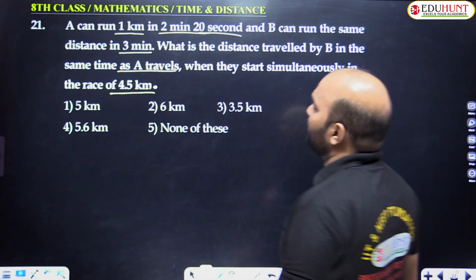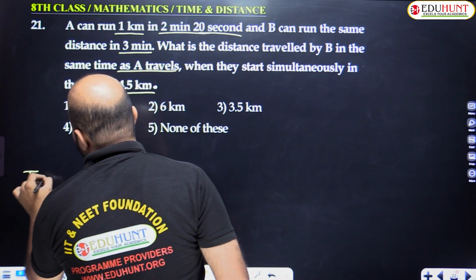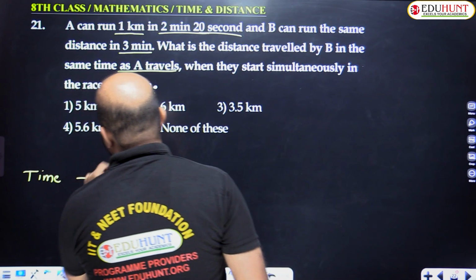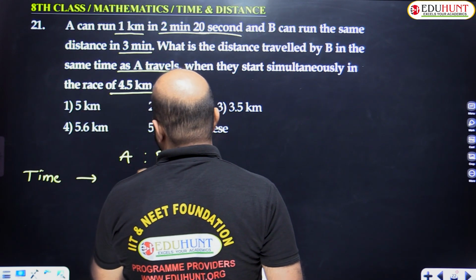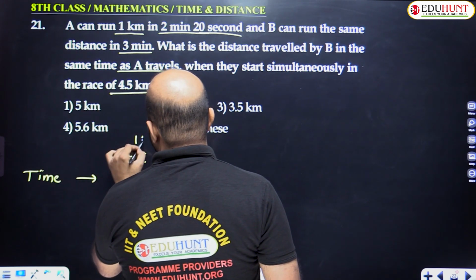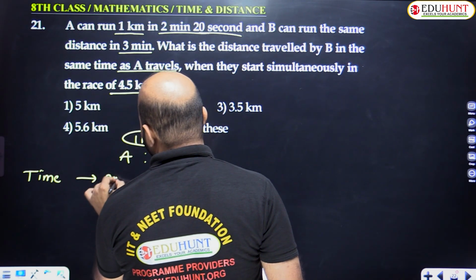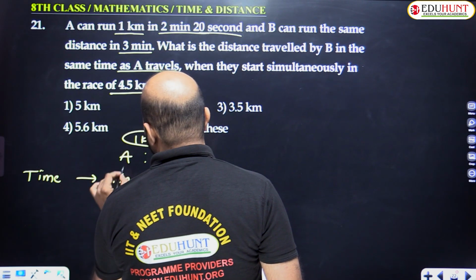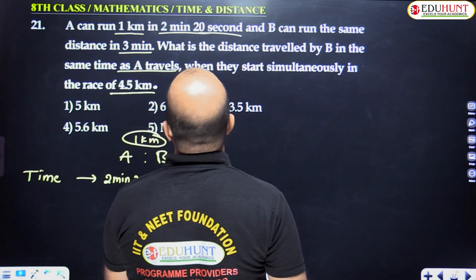Clear? So firstly we need to calculate the time ratio between A and B. A and B cover a 1 kilometer race. A takes 2 minutes 20 seconds, and B takes 3 minutes.